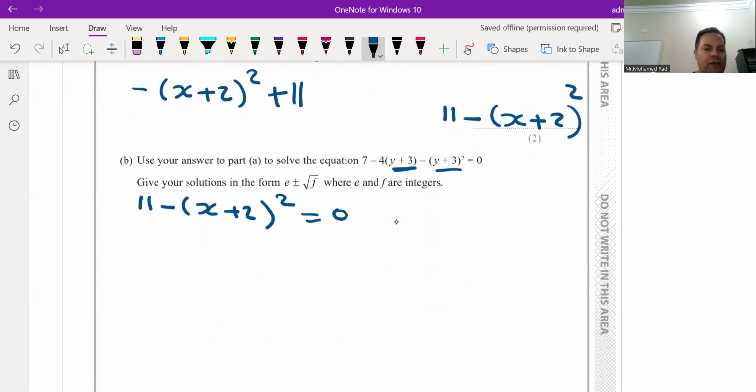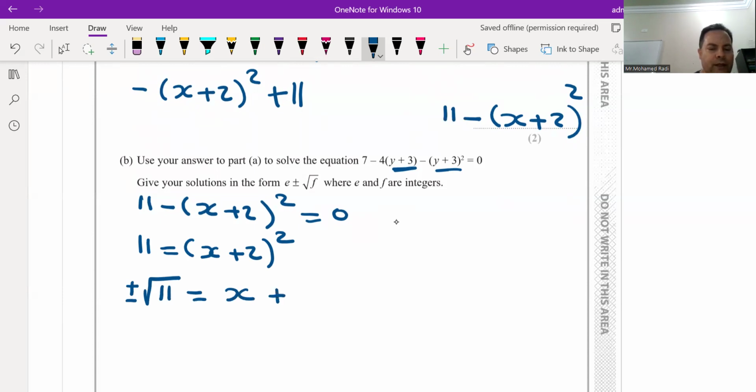Let us start to solve this equation first. 11 is equal to x plus 2 the whole squared. By taking the square root of both sides, positive or negative root 11 is equal to x plus 2. Then move 2 to the other side: minus 2 plus or minus square root of 11 is equal to x.